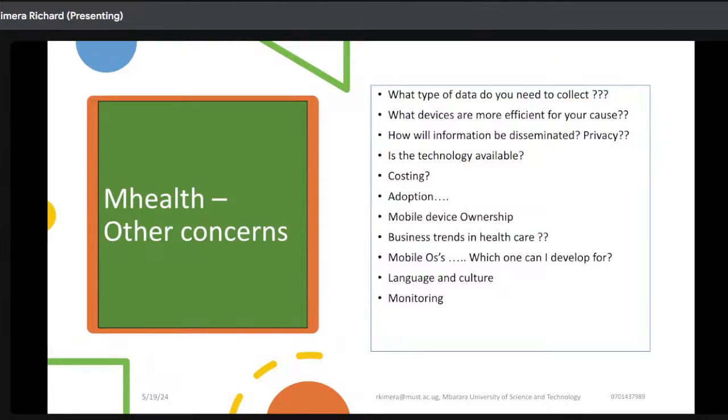Then adoption, there's a lot about technology adoption models, or TAM. So you can read about how you can support people to adopt. But most importantly, as you plan to do your research in any of these areas, this is a combination of health and technology. So if your background is IT or computer science, then make sure that you have a medical doctor on your team.